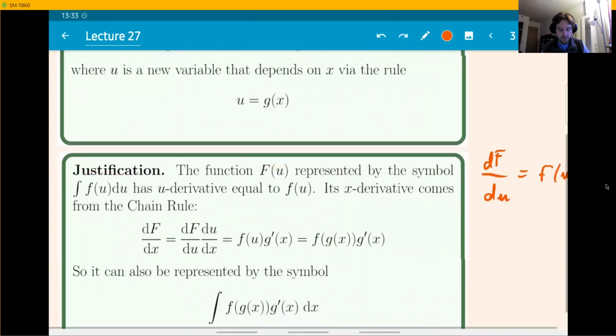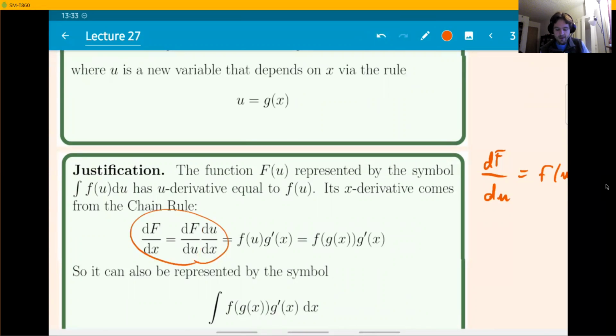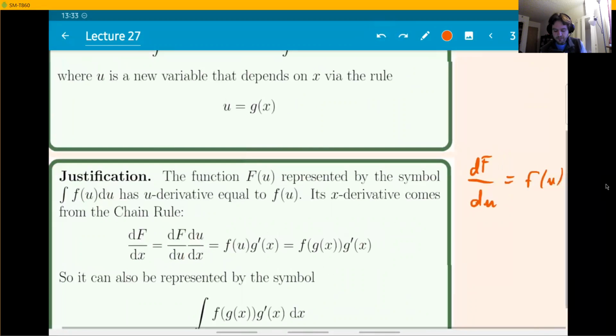That's a chain rule. If you want to find the derivative of big F with respect to x, according to this way of writing the chain rule, you differentiate with respect to u first, and then the derivative of u with respect to x. Remember that we discussed this particular way of writing the chain rule. And what is that? Well, dF/du, we just wrote that. That's the little f of u right here.